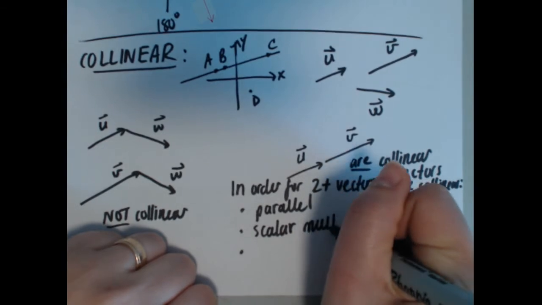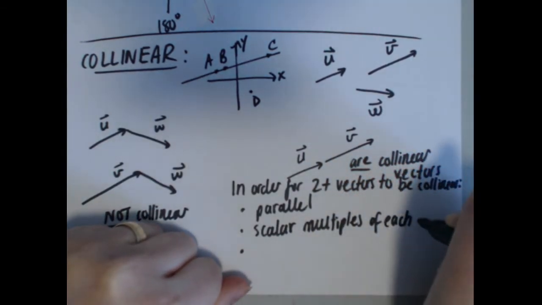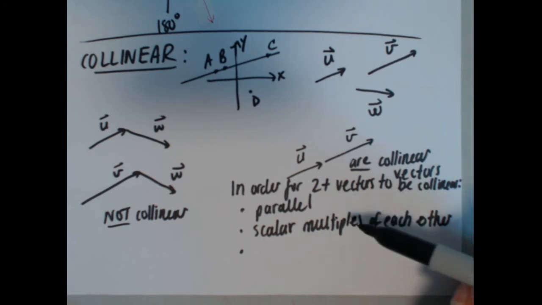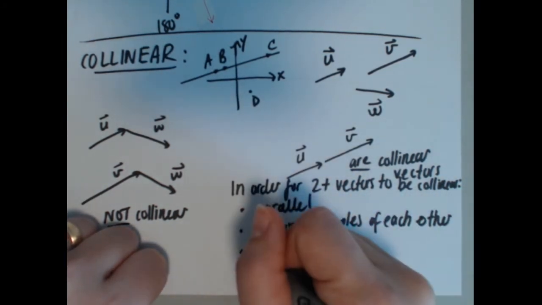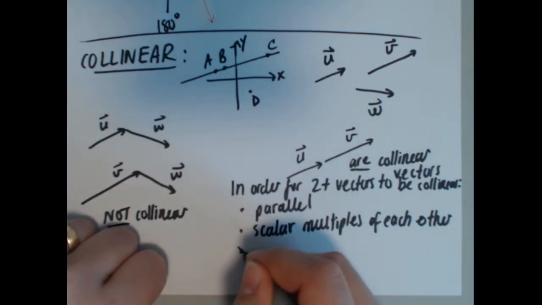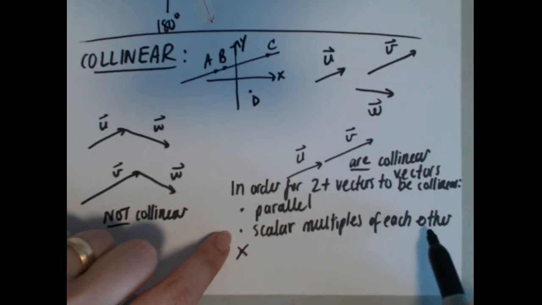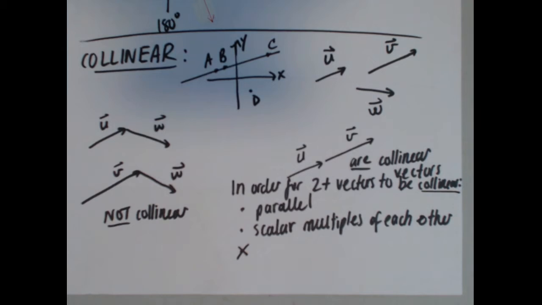So these are really just 2 ways of saying the same thing. Okay, so a third way of saying the same thing, the 2 vectors are parallel, they're scalar multiples, we say that they are collinear. So in fact, we don't actually need a third point here. The third point would just be parallel and scalar multiple is the same thing as saying they're collinear. Okay, so all those expressions are equivalent.